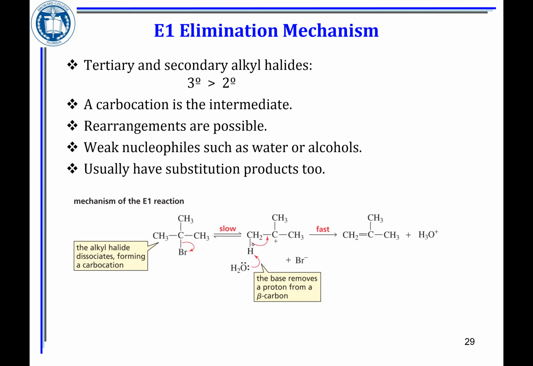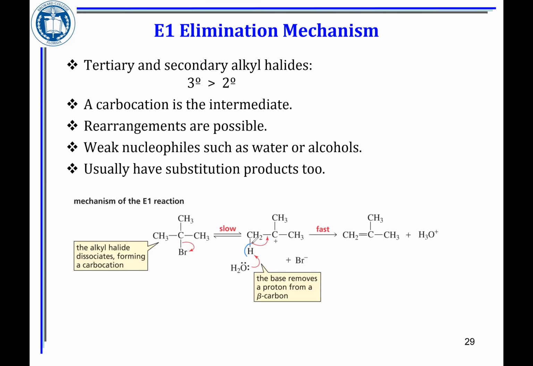In this case, there is no chance for rearrangement because the carbocation that is forming here is a tertiary carbocation. So if there is a hydride shift, it's going to change to a primary carbocation, and it doesn't make sense.